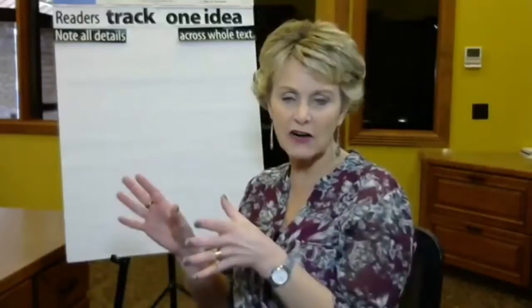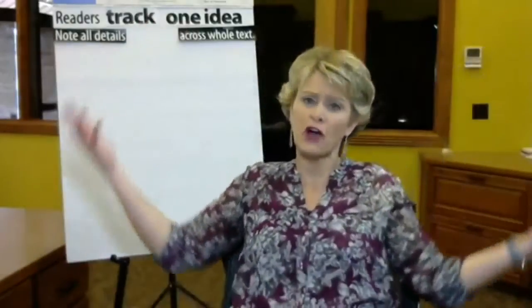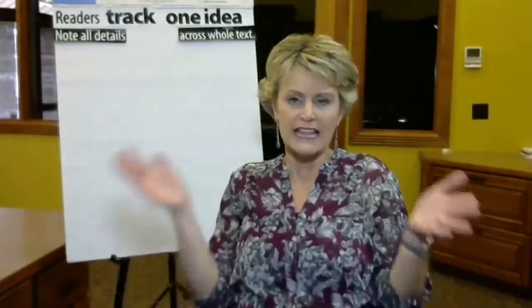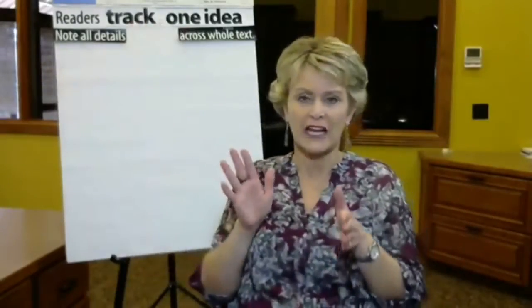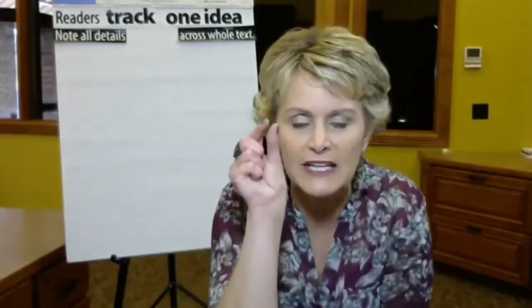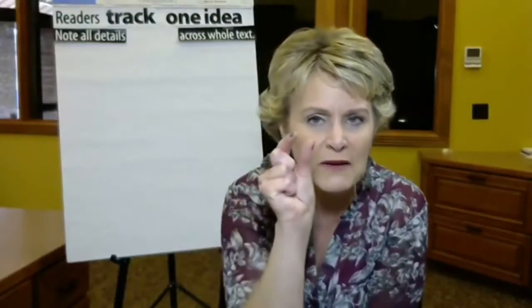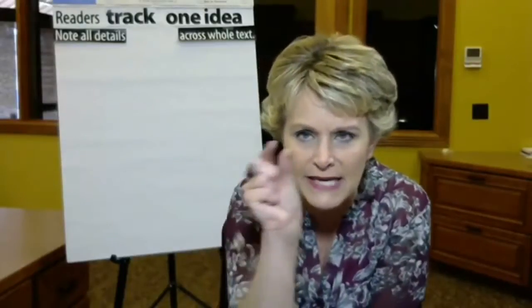So you read, okay, and then you do a summary. You have to understand the gist, the overall most important information. Then when you track, you go back to the text again. You reread. And you zoom in and you look. It's like a spotlight. You only look at one element, one facet, one thing, beginning, middle, end, and you collect all the details.